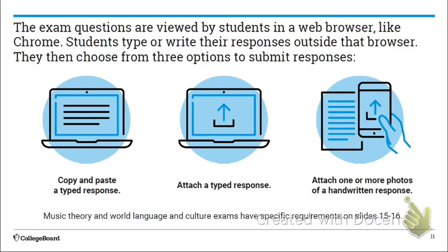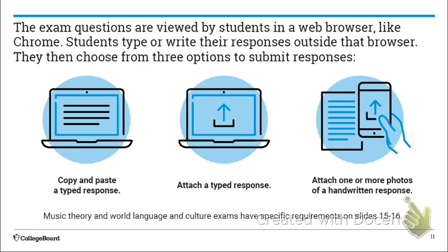The second option is you type your answer into, let's say, a Word file or a Google Docs file. You finish your response, you save it, and you upload that Word file or Google Docs file or whatever. You upload the entire file as a response.